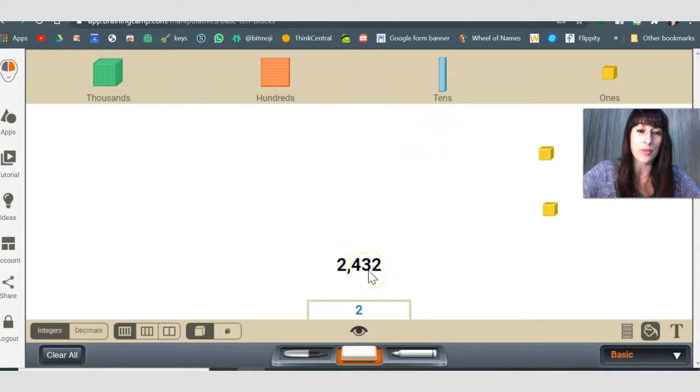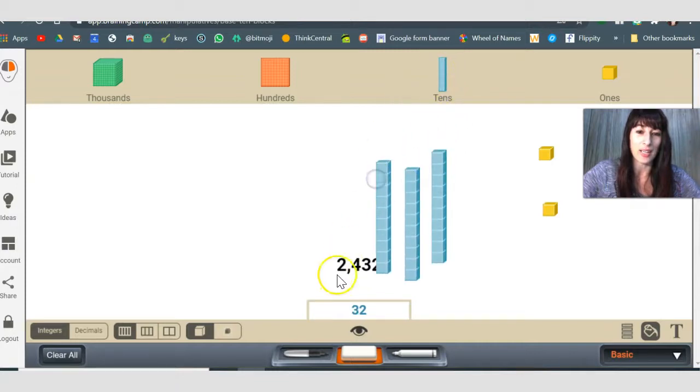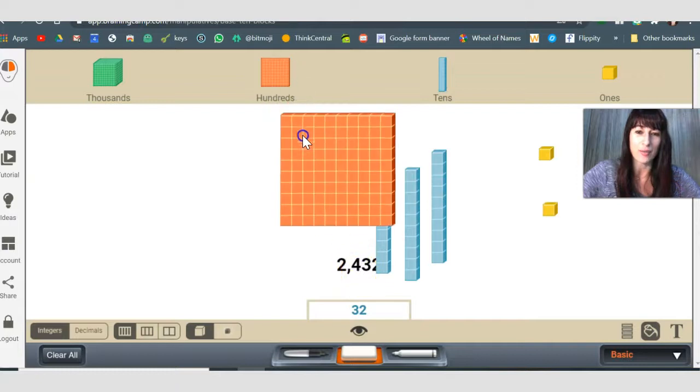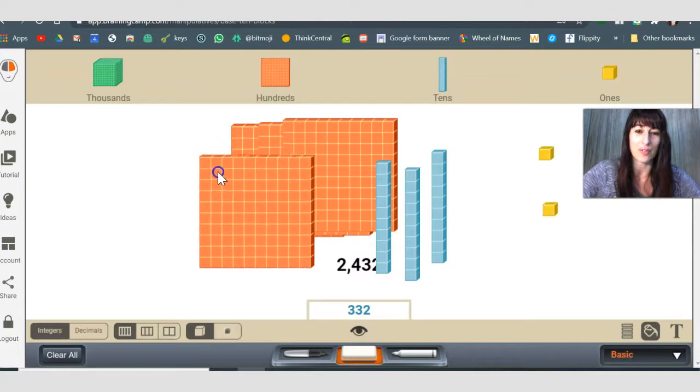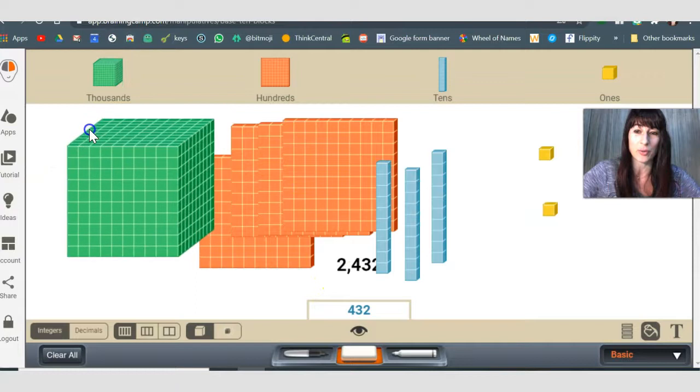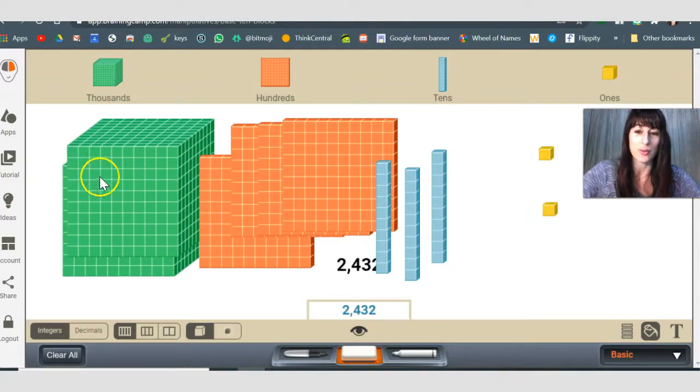We need to grab 3 tens. 1, 2, 3. And you can see that we need to grab 4 hundreds. 1, 2, 3, and 4. And how many thousands do I need? I need 2 of these big cubes. 1 and 2. Now, as you can see, we represented the number 2,432 using base 10 blocks.